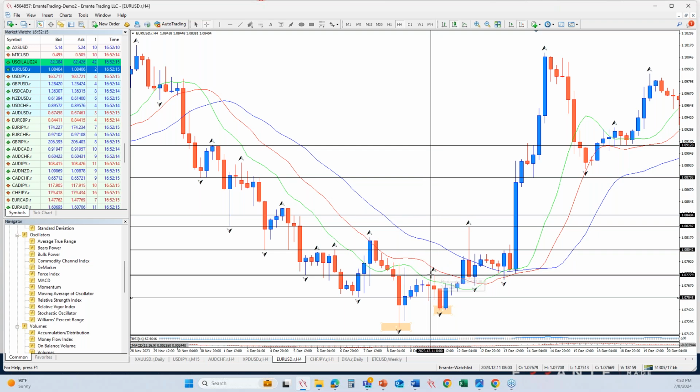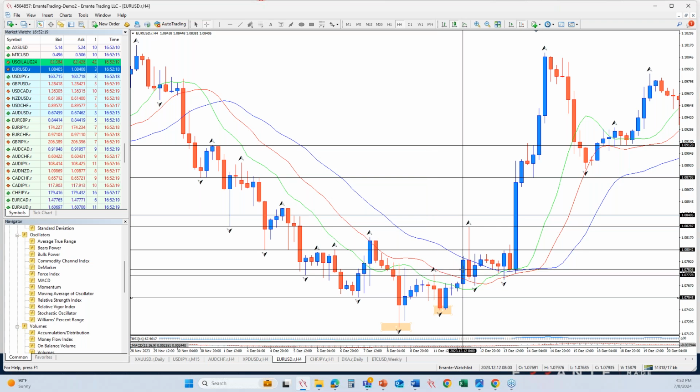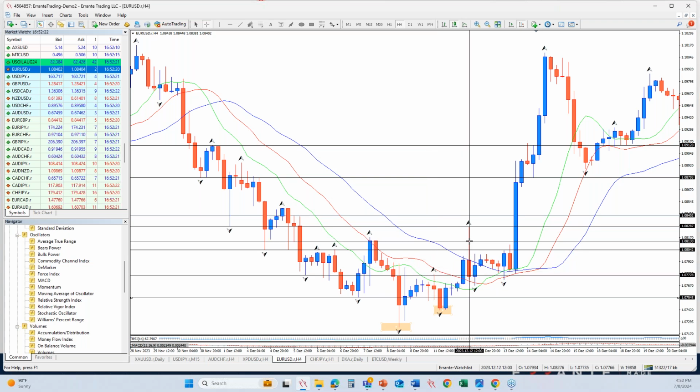But if this resistance level can't resist the market's upward momentum, which means we are changing the sentiment and the market participants are rethinking their positions, we are at the verge of entering a new trend.